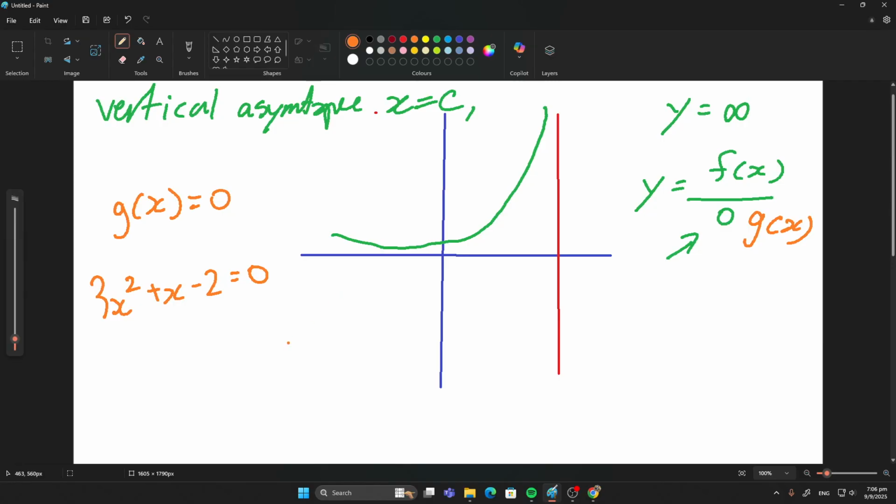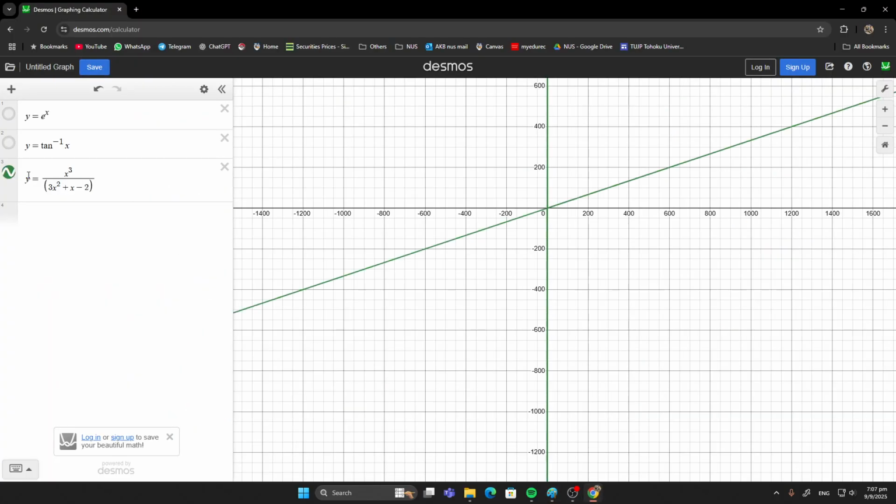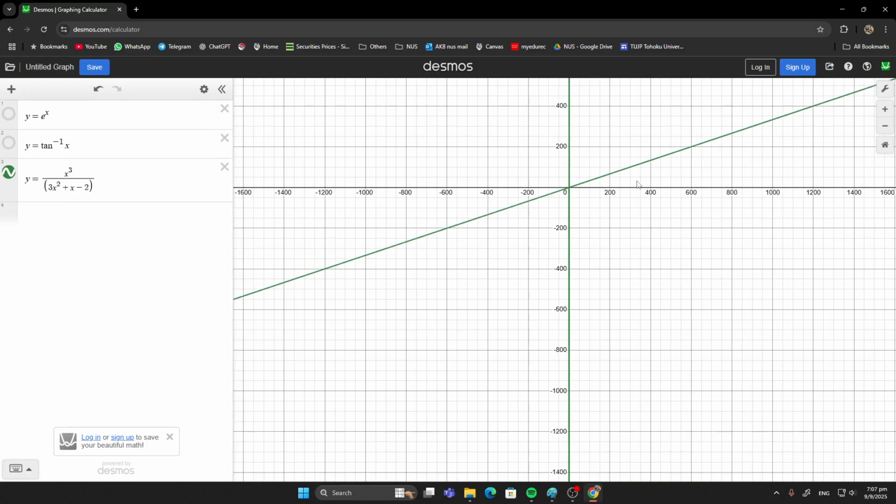We just need to factorize this. And I believe it is a minus, and then we have an x plus 1. And then there you have it, your x value equal to minus 1. So for vertical, we just need to make sure that you use your denominator equals to 0 and then you solve for it. To prove to you, is this it?